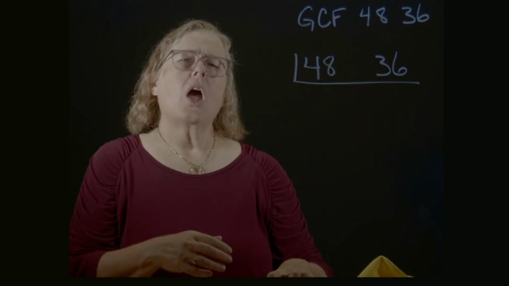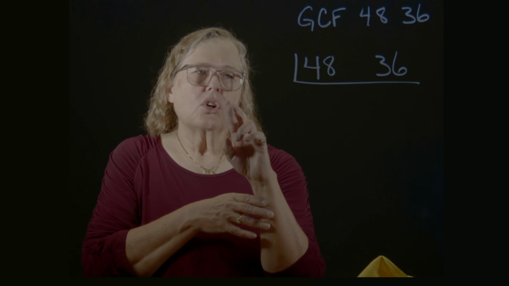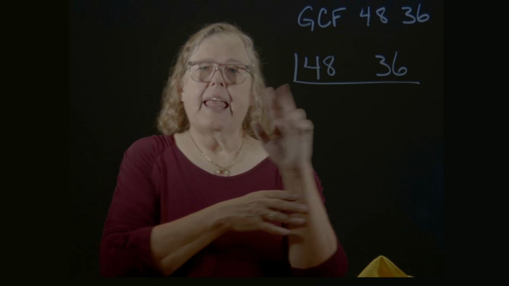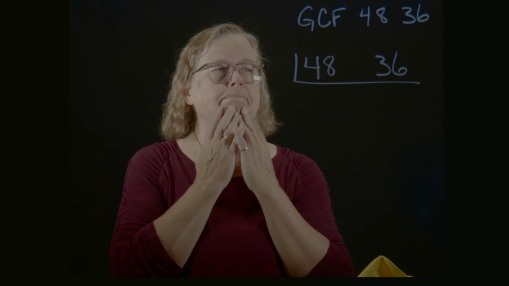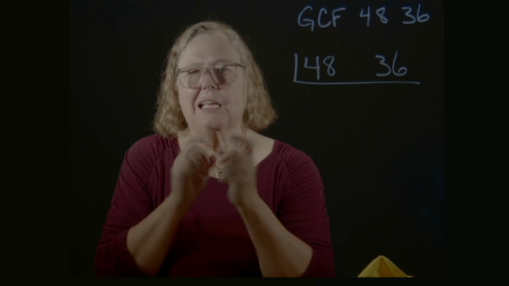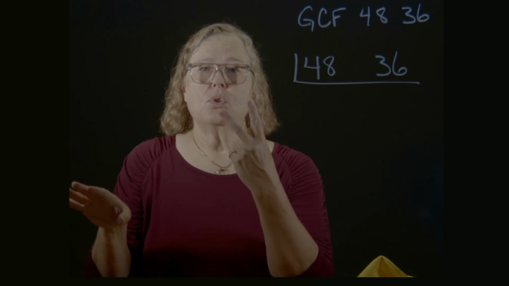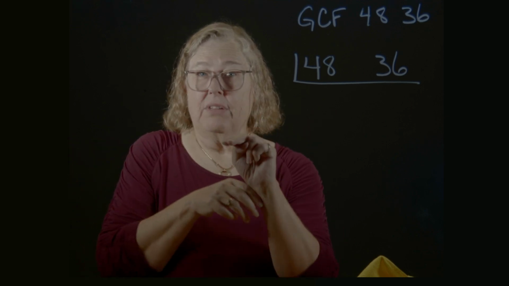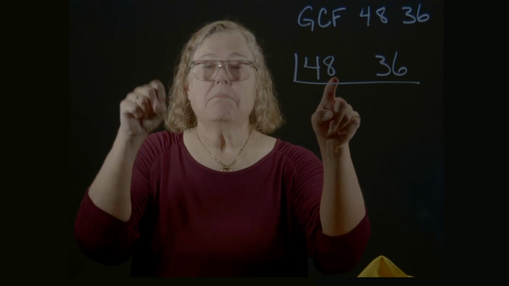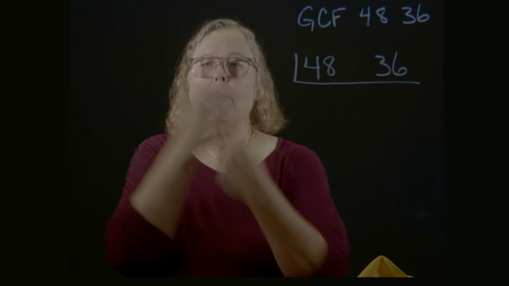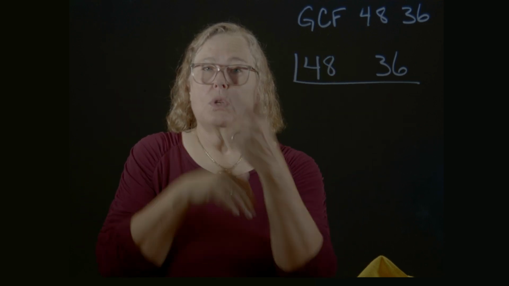All right, so now, what is a factor of both 48 and 36? Well, we can't use 1 because that doesn't change anything, so we're not going to use 1. But 2, do you remember the even number thing, right? Does 2 go into both of these? Yes, it does. They are both even, so we know 2 will go into them both.